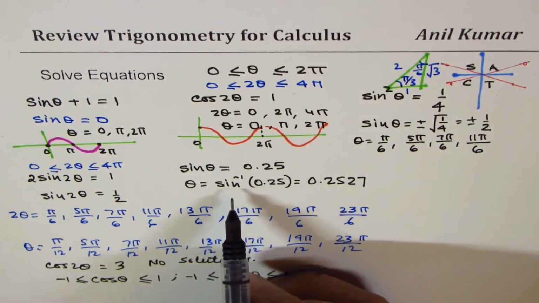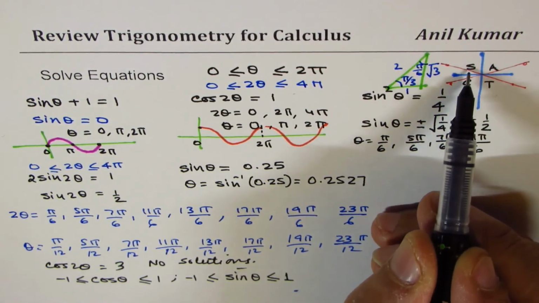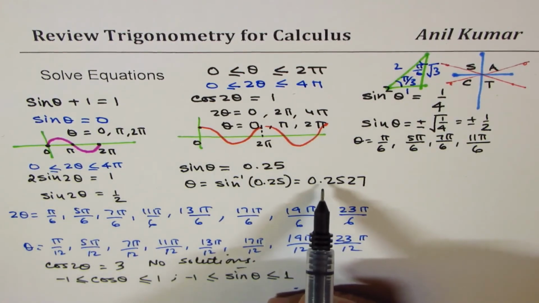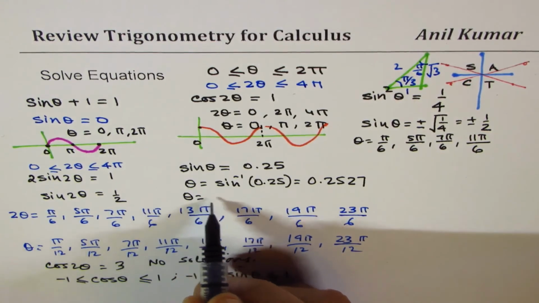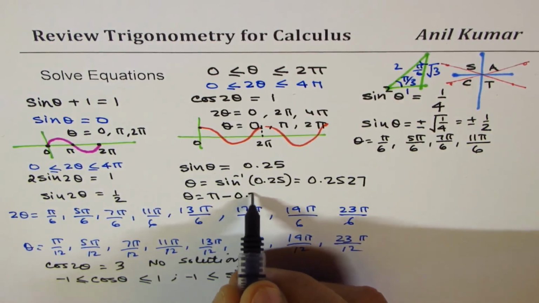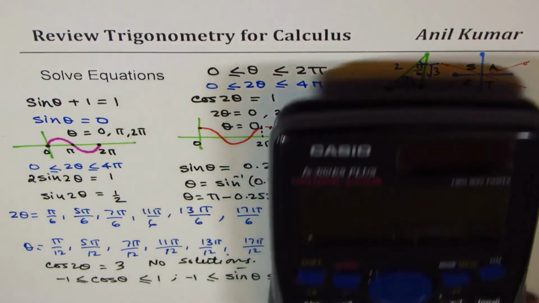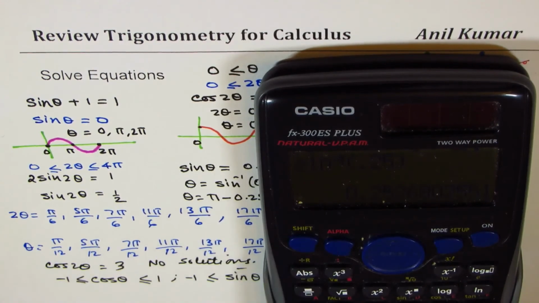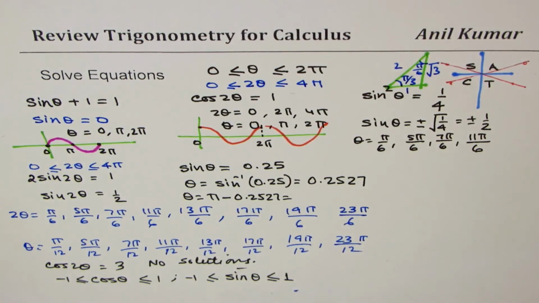As you have seen, sine is actually positive in quadrant 1 and in quadrant 2. So there should be another answer also. The other answer will be theta equals pi minus whatever you got, which is 0.2527, correct? So we have to find that answer also. So it is pi minus 0.2527, which is equal to 2.888.